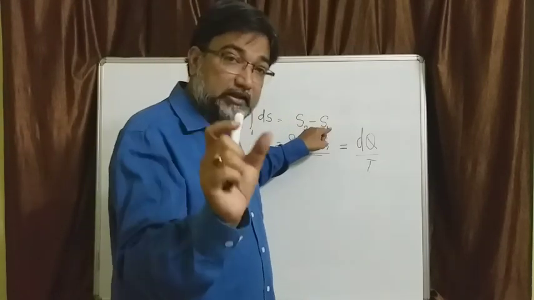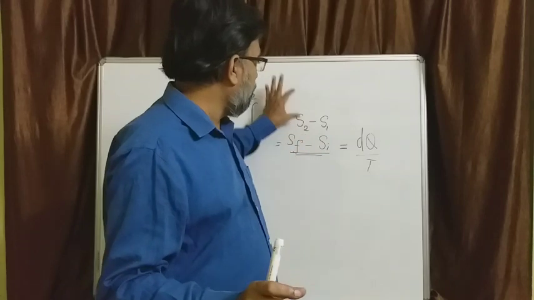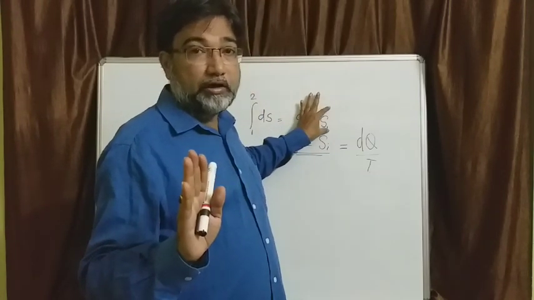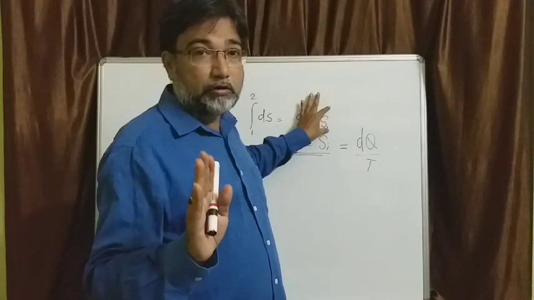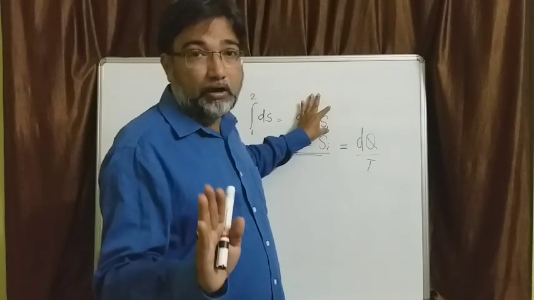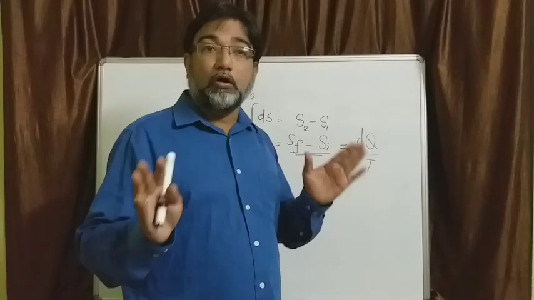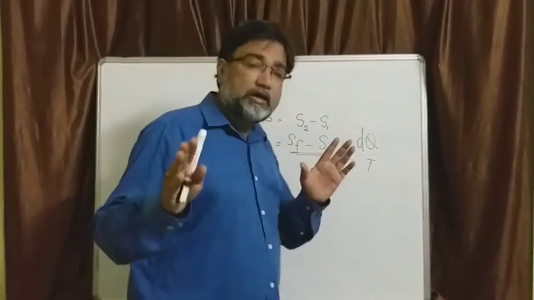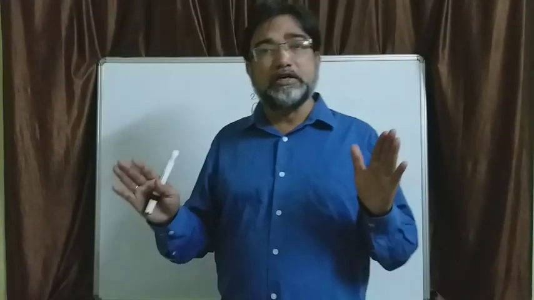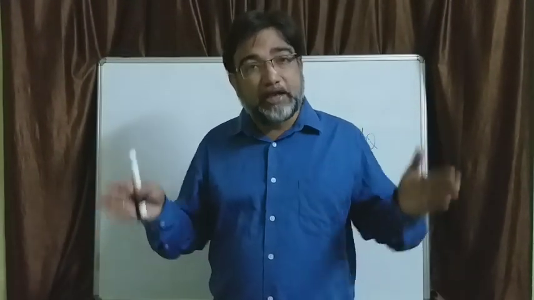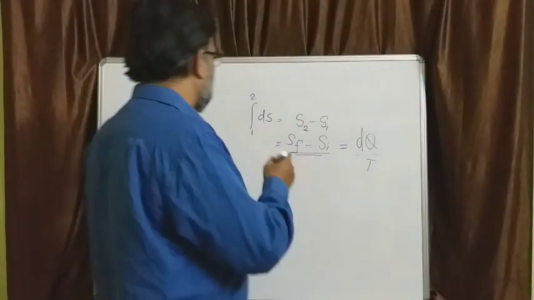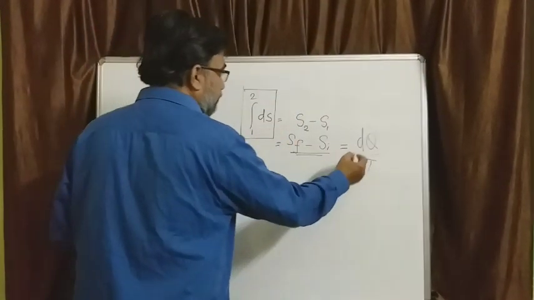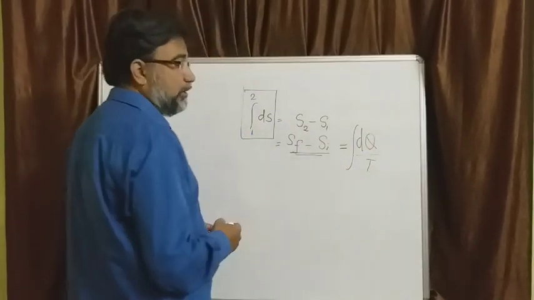You can always take the difference between S2 and S1, but what exactly the values of S2 and S1 are is not obtainable from any kind of calculation or formula we have so far. We are not interested in the absolute value also. We are interested only in the change in entropy, and that change can be obtained by integrating ds, and this can be obtained by integrating this dq by T.